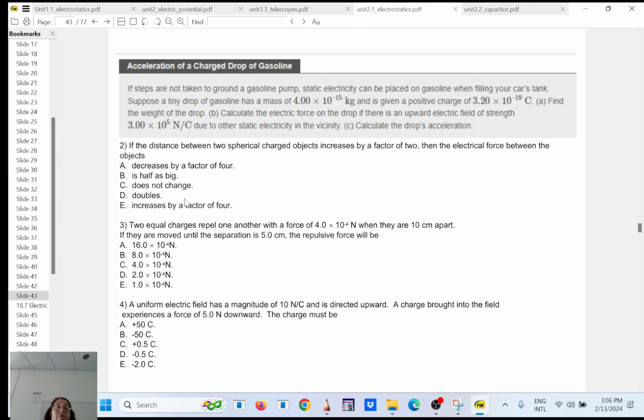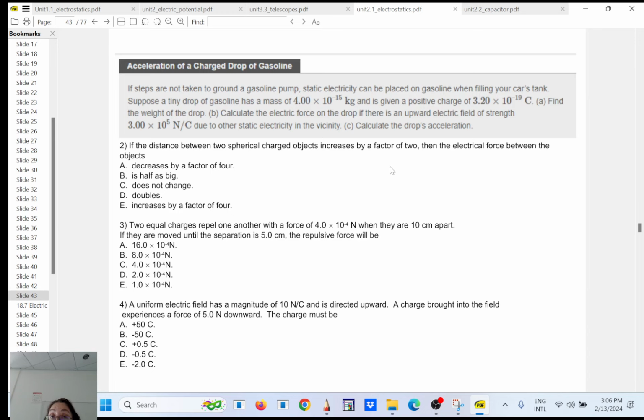The electric force, like the electric field, follows an inverse square law. So here, if the distance increases by a factor of 2, which means the distance is multiplied by 2, the force will be divided by 4.